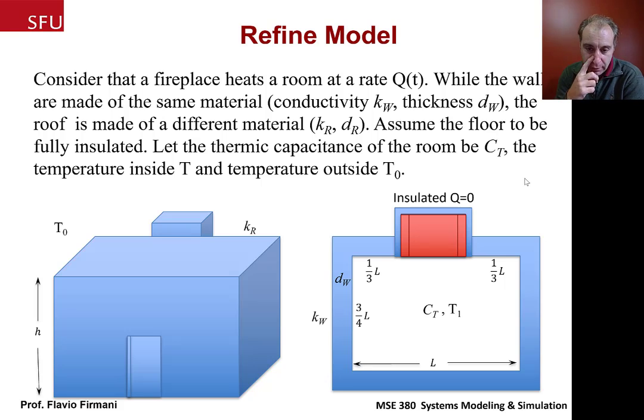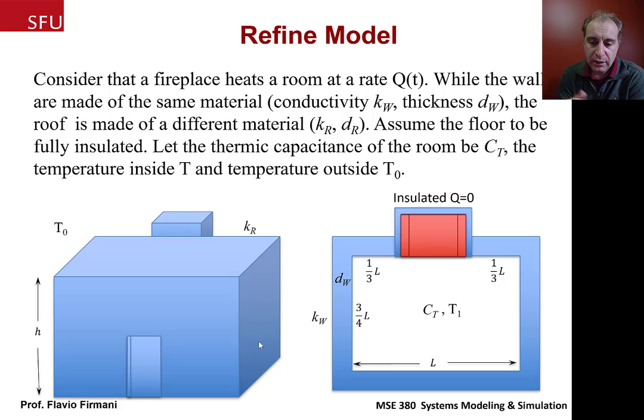The way that we're modeling, and we mentioned this when we covered this example of the room that is being heated, is that the way that we solved this problem was fairly straightforward. We just considered that the temperature inside the room was constant, and the temperature outside the walls was the ambient temperature.